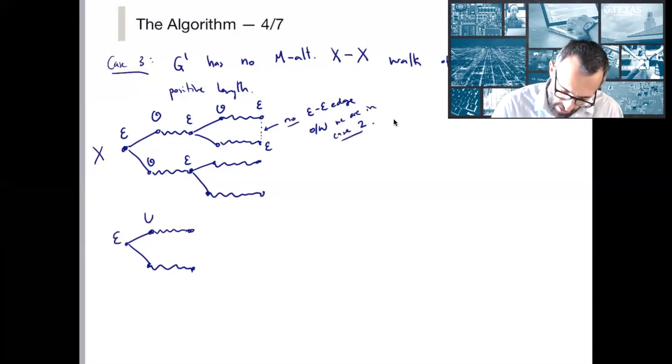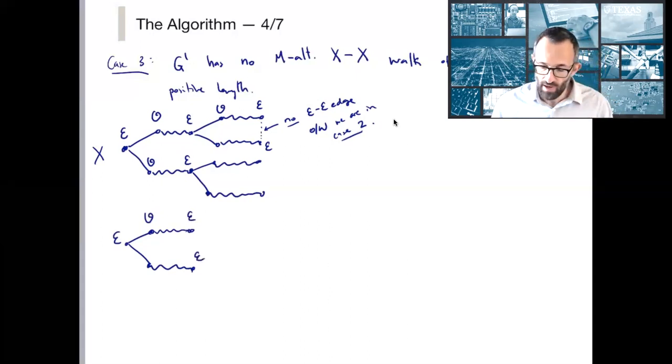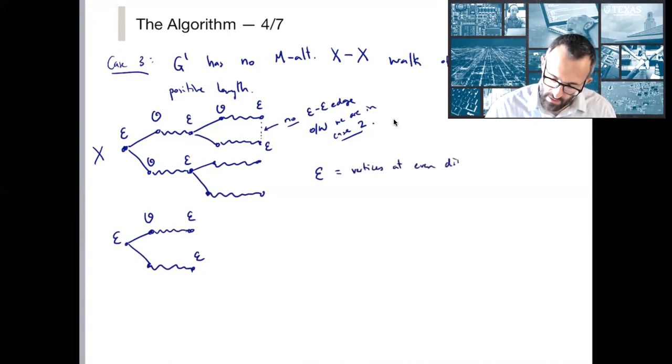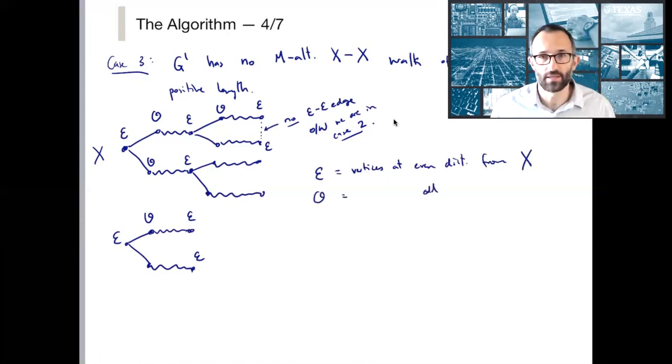Okay. So this is what we've got. We've got a bunch of even edges and odd edges. And as I've labeled them, I'll just write it down. Let E equal the vertices at even distance from X, and O equal vertices at an odd distance.